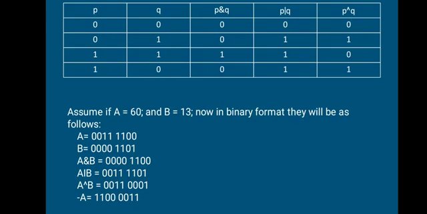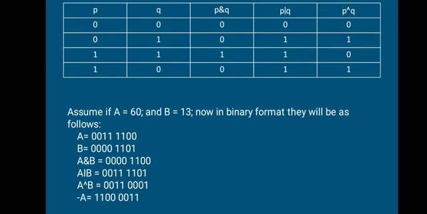When I apply A AND B, so that 60 and 13 are converted into bits, and on the bits the AND operation is applied. So when the AND operation is applied, only when both are 1, I will get 1. So here, if you have seen, you will get 1 only in 2 places.